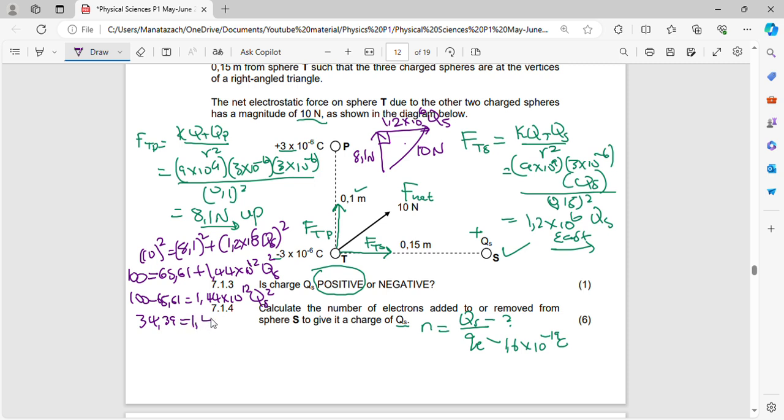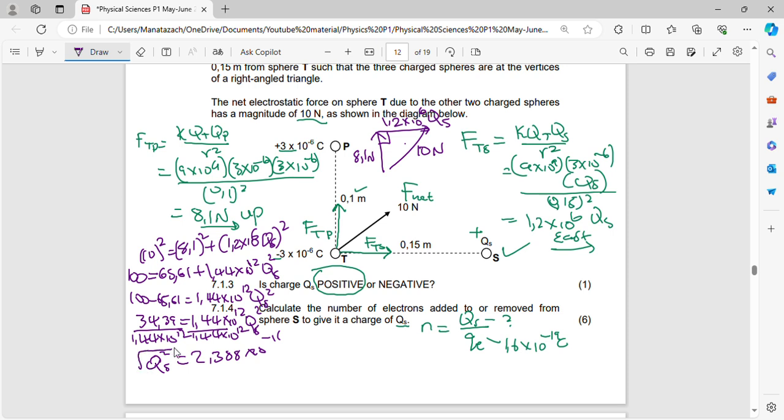Then I'll maintain 1,44 times 10 exponent 12 QS squared. Then I can divide by 1,44 times 10 exponent 12 both sides. And then I'll find QS squared equal to 2,388 times 10 exponent minus 11.